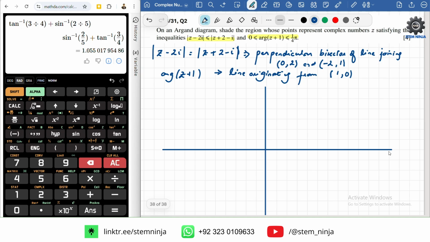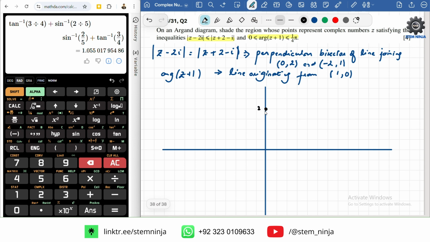Okay. So there are 2 points. First, this is your 2i, and then you have -2, 1. So -2, 1 is right over here. You could go further up also.